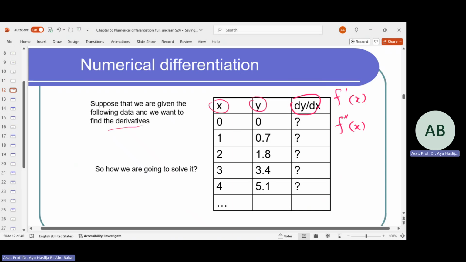We know the dy dx is equivalent to the slope, isn't it? You have y2 minus y1 over x2 minus x1. This is the slope. Dy over dx, the slope, right? So that's why we have forward, backward, and centered.